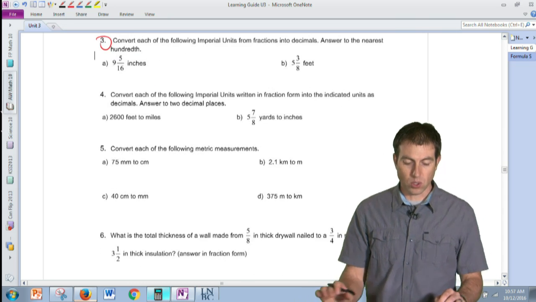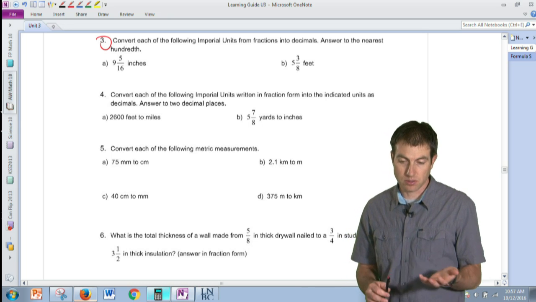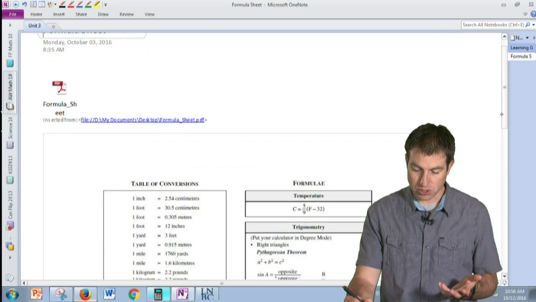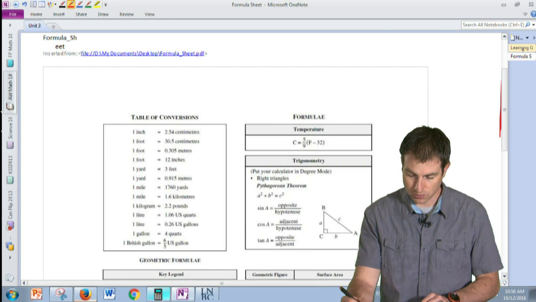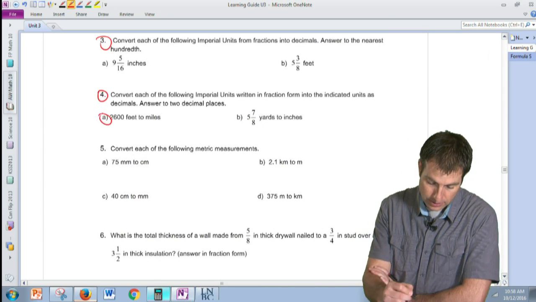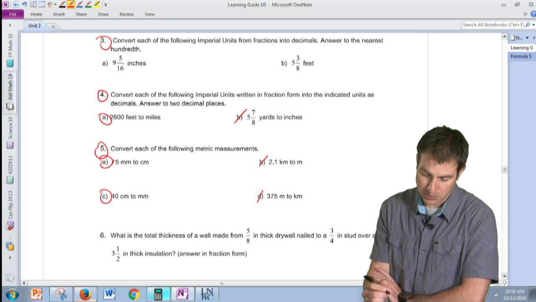All right, so number 4 is converting from imperial to imperial. So using your formula sheet, you need to figure out the relationship between the units, use that to do the conversions. So let's go with 4A, and we won't worry about B. We'll do 5A and C, and we'll ignore B and D.